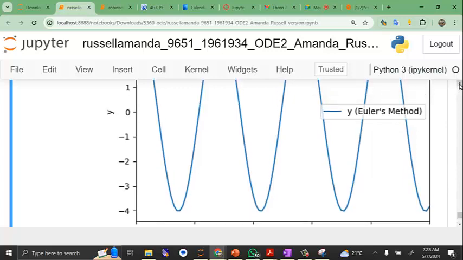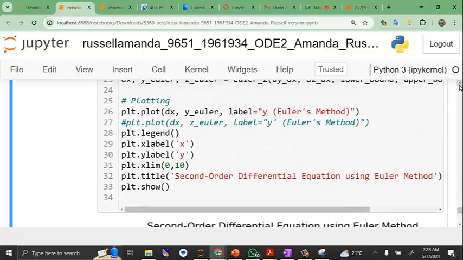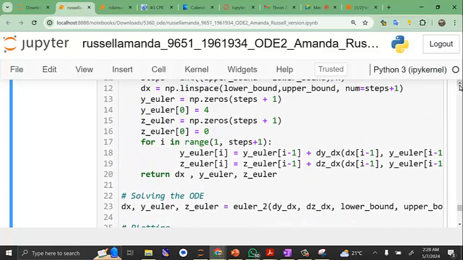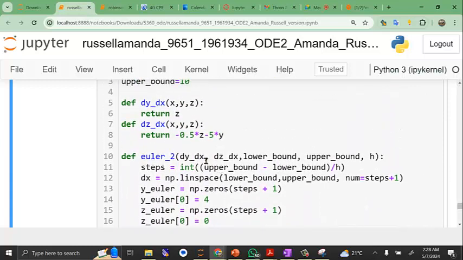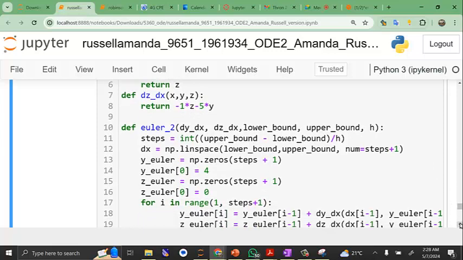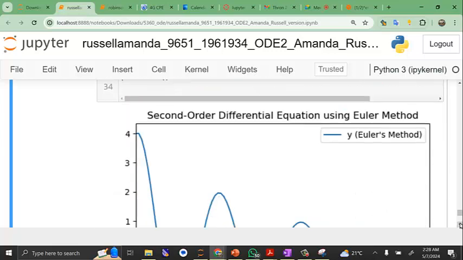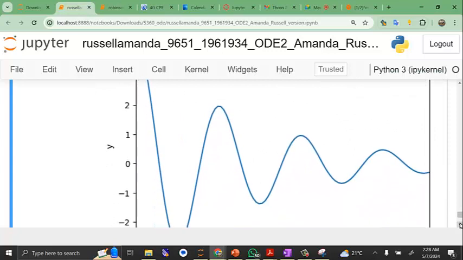But it should actually damp eventually. Minus 0.5 may be too small. Let's do minus 1. You should see it oscillating and damping at the same time. And there we go. Right, so that's your physics lesson for today.